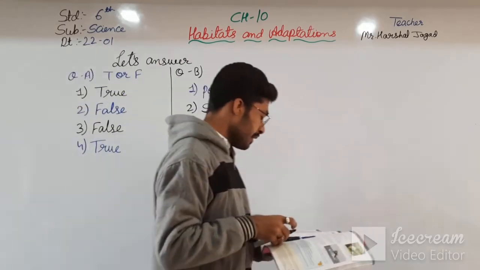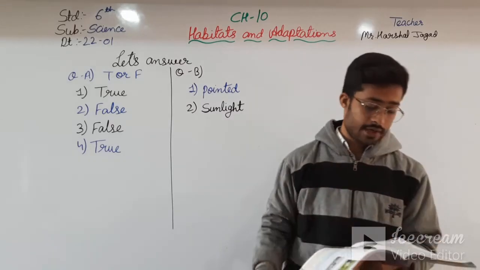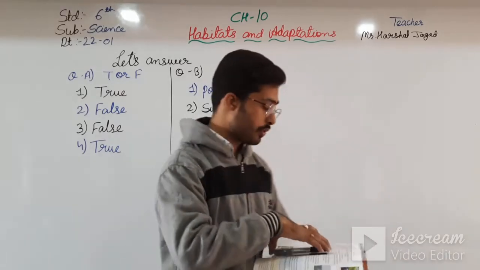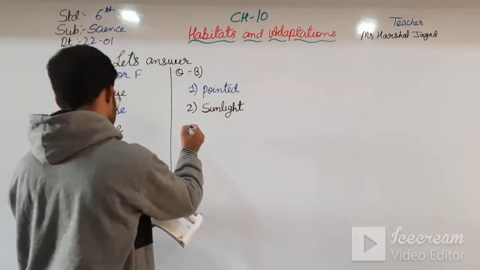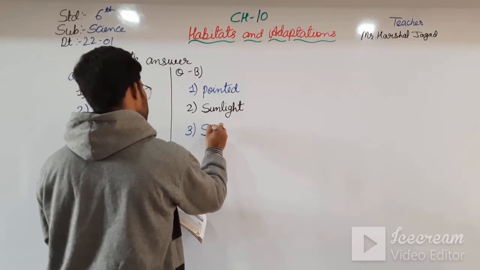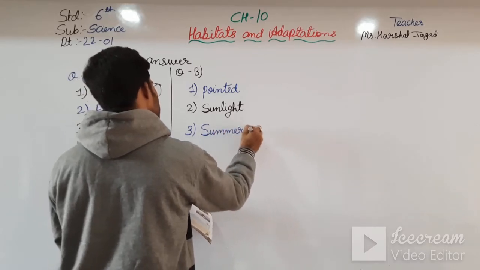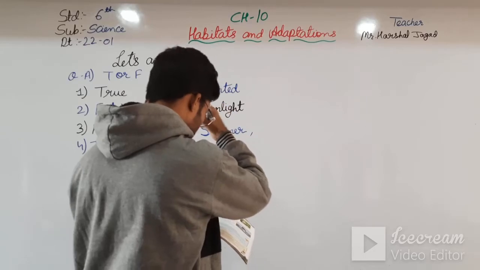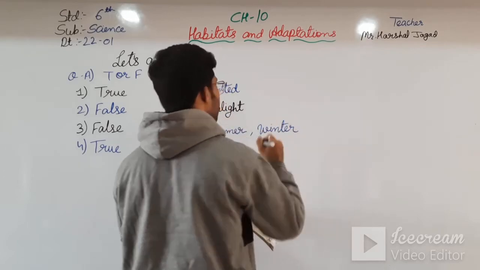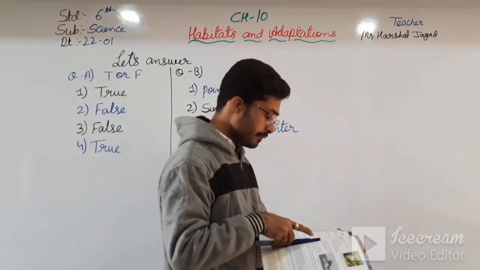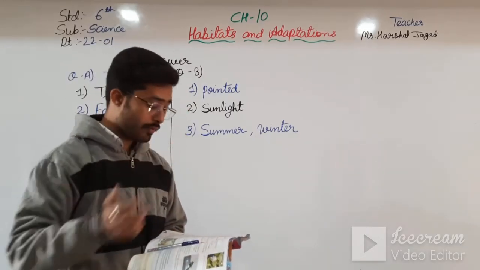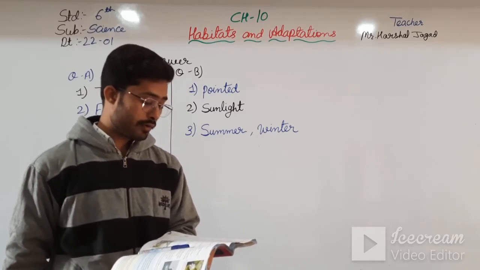Third one: chipmunks gather food during dash and store it for dash when it is hard to find food. So they store food during summer and they store it for winter, so that when it is hard to find food they have it. Then, in dash, plants have flexible stems to bend without breaking during strong winds.